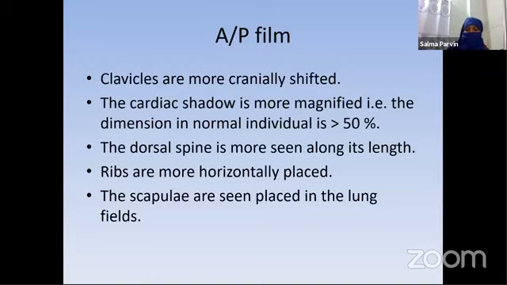The scapulae are seen placed in the lung fields. If you practice with two or three films, whether PA or AP, you can conclude and identify it as a PA film or an AP film.